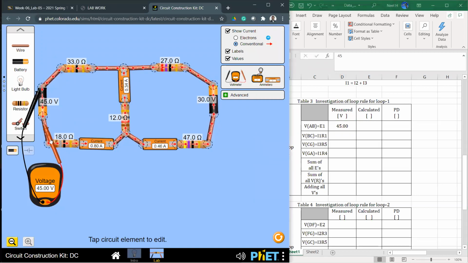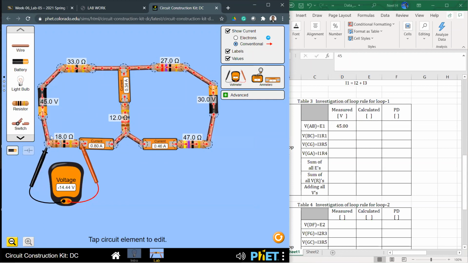That probe has to go to this part of the resistor, the front of the resistor relative to the motion of the current and the loop direction, followed by the negative probe. Then you will see the voltage across that resistor is negative. That's the reason the sign rule is written that way, because if I measure according to my loop direction, the voltage across each resistance should be dropping.